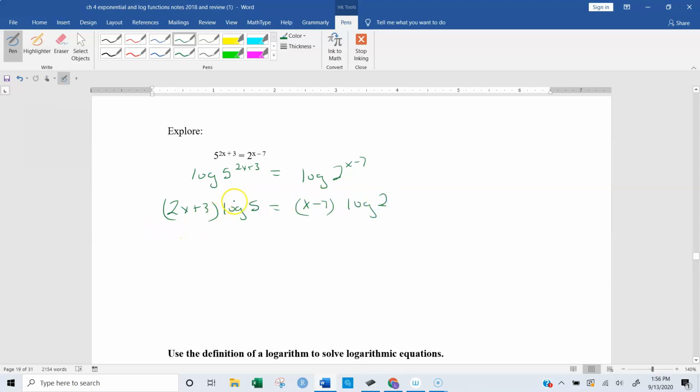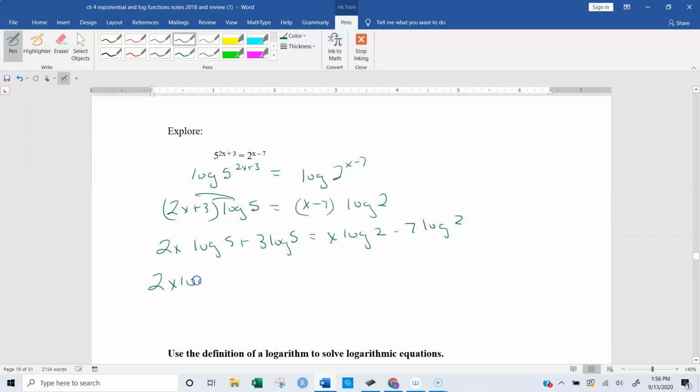We're going to distribute the log of 5. So we got 2x log 5 plus 3 log 5 equals x log 2 minus 7 log 2. Subtract your x log 2 over.